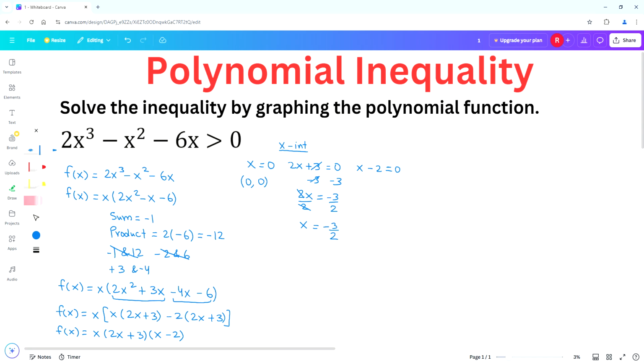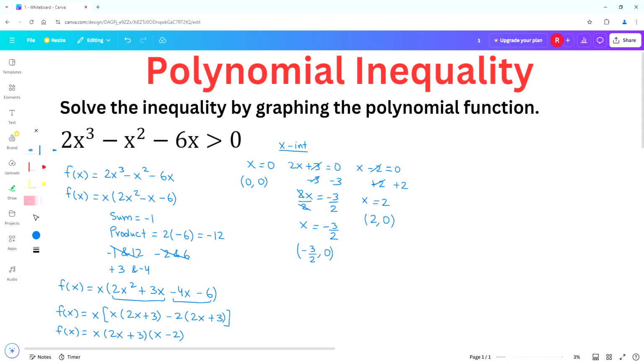The second x-intercept is negative 3 over 2. We can write it as an ordered pair as negative 3 over 2, 0. The third x-intercept is 2. We can write it as an ordered pair as 2, 0.